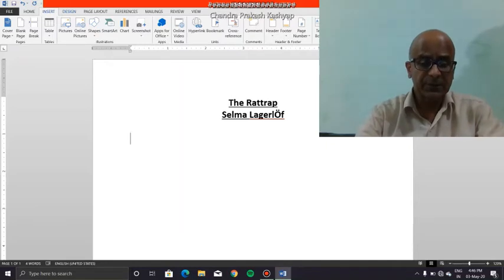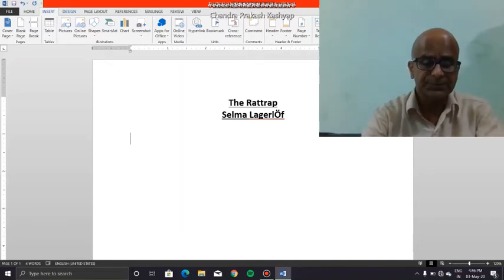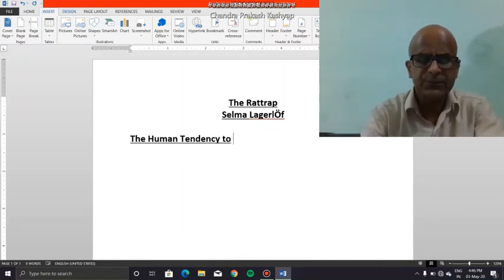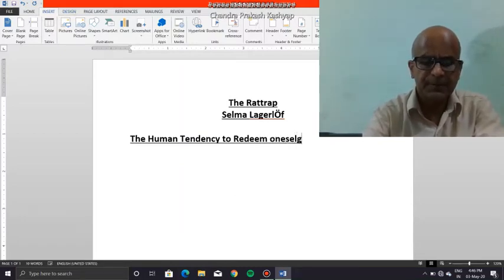The NCERT publication says the story is about the human tendency to redeem oneself from dishonest ways.